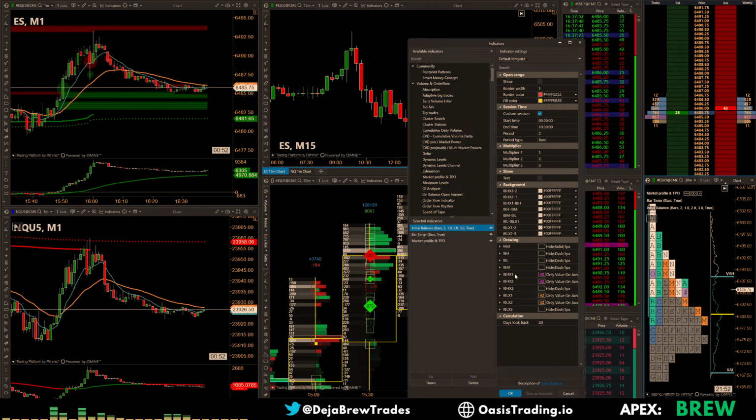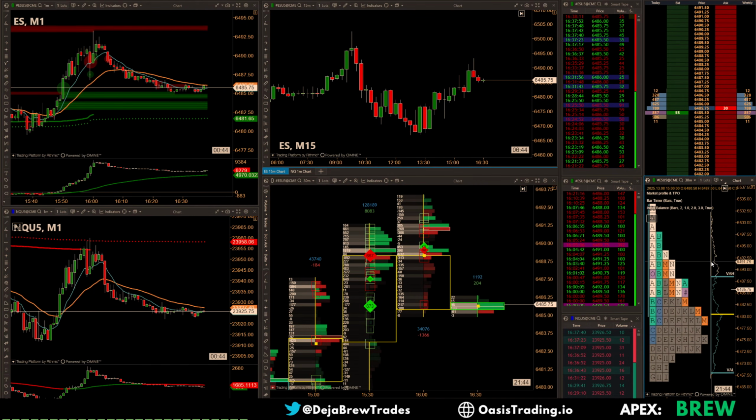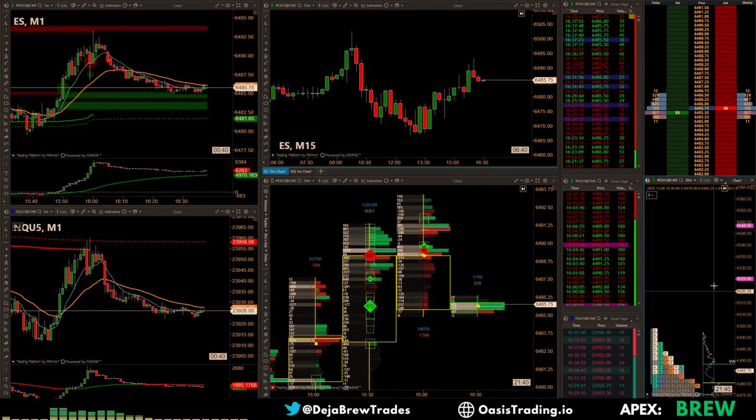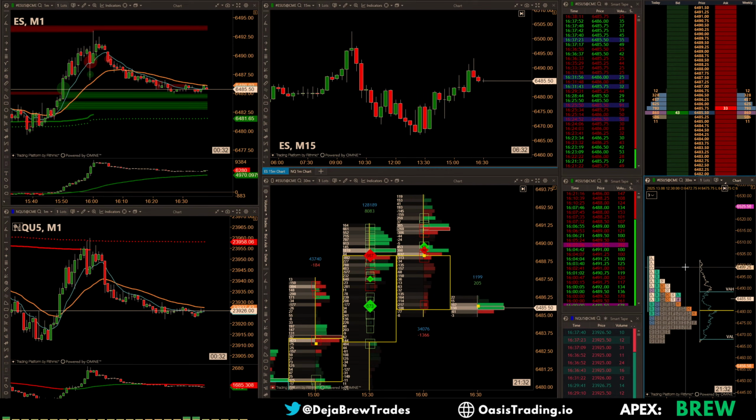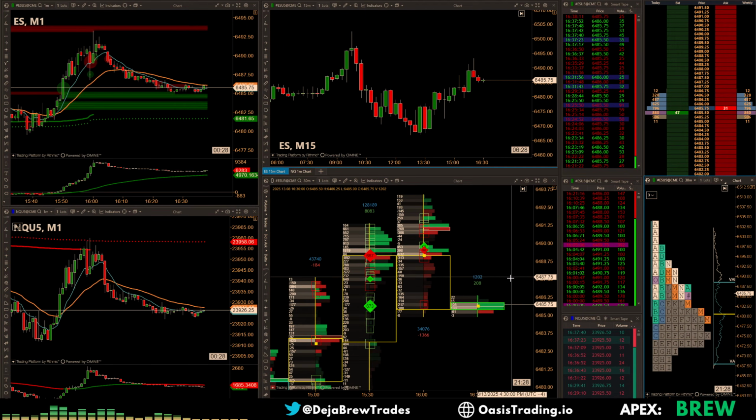I have the 100% and 200% extensions marked out. If you have an initial balance breakout, it marks out my extension levels, 100% and 200% of that initial balance. And that is pretty much it.